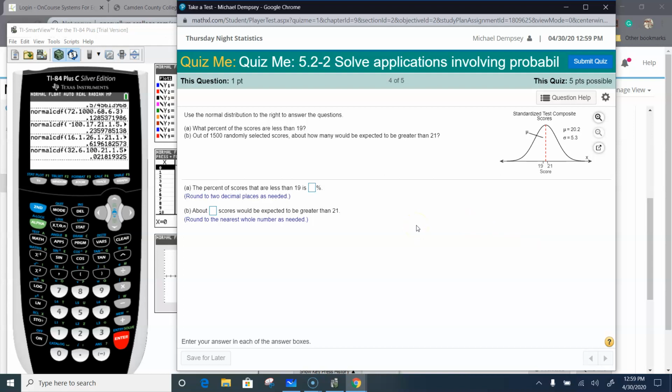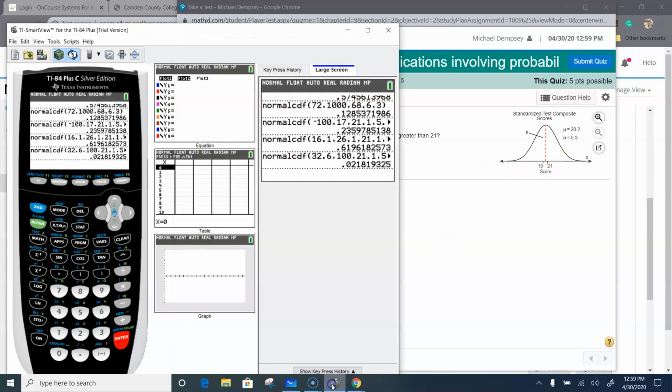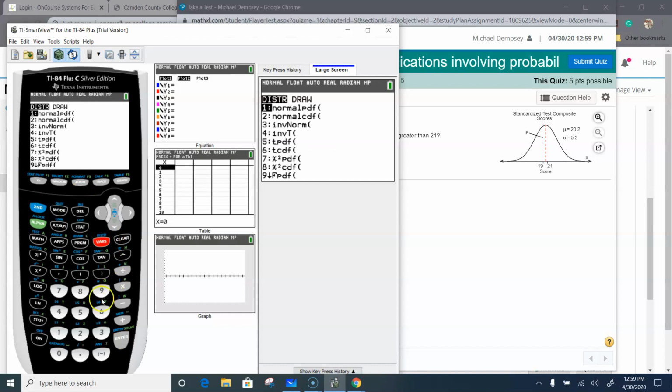Okay, use the normal distribution at the right to answer the questions. What percent of scores are less than 19? So that's going to be a normal CDF. Okay. Second vars, less than 19. So again, let's start somewhere at like negative 100. 19 then becomes our upper limit.